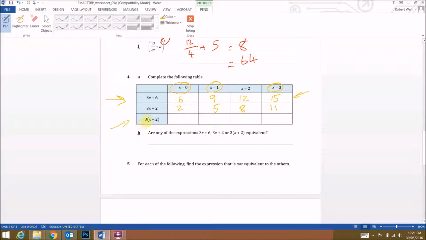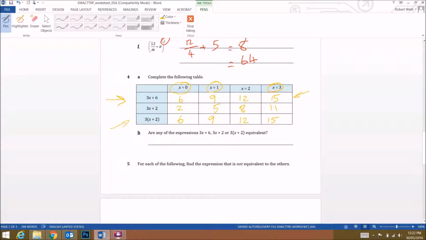Here, 3 times 0 plus 2, so 0 plus 2 is 2, okay? And then 3 times 1 plus 2 is 5, 3 times 2 is 6, 8, 3 times 3 is 9, 11, 12, and then 3 times 5 is 15. Okay, so here.